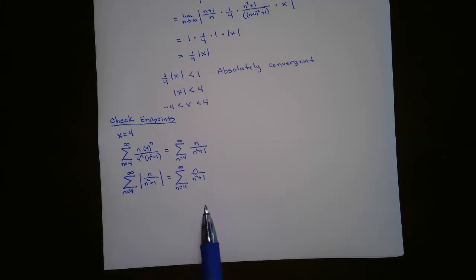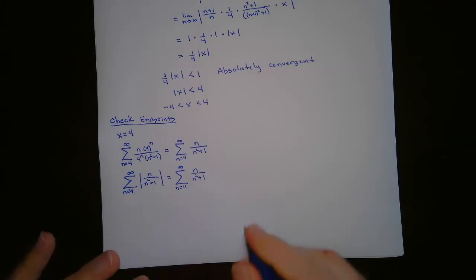I'm thinking that this is something like n over n squared, which is really 1 over n. So I'm going to compare this to 1 over n. I know 1 over n is the harmonic series, and I know the harmonic series diverges. So I'm going to use the limit comparison test.